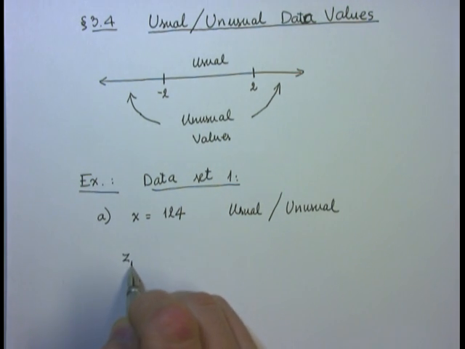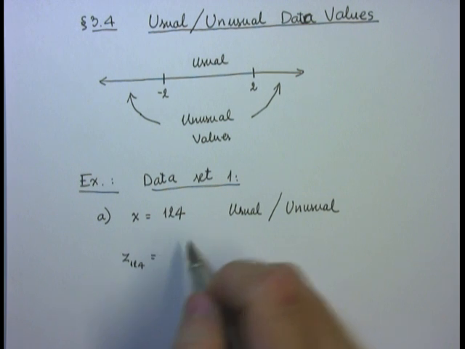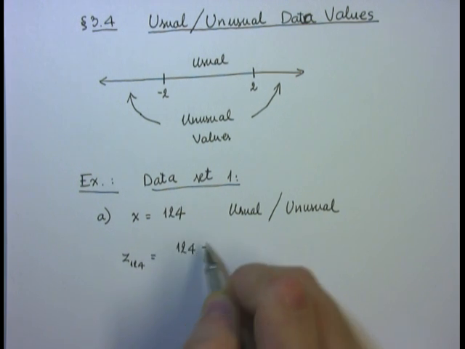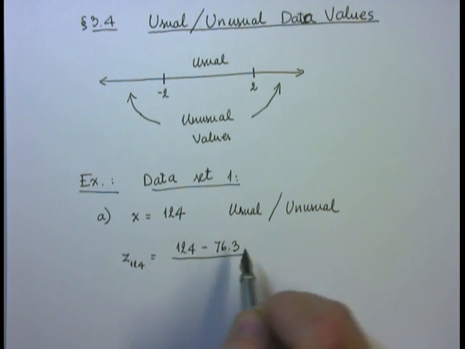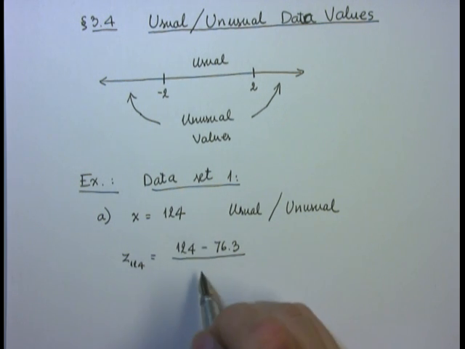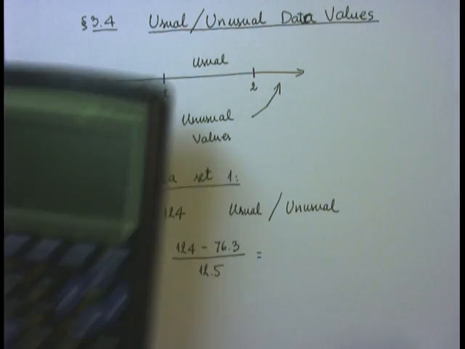So the z-score of 124 equals 124 minus 76.3, which is the mean value, divided by the standard deviation, 12.5.